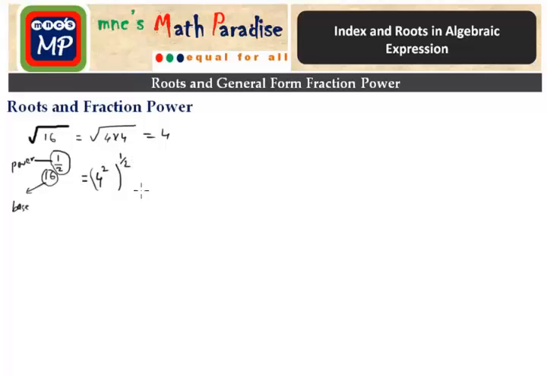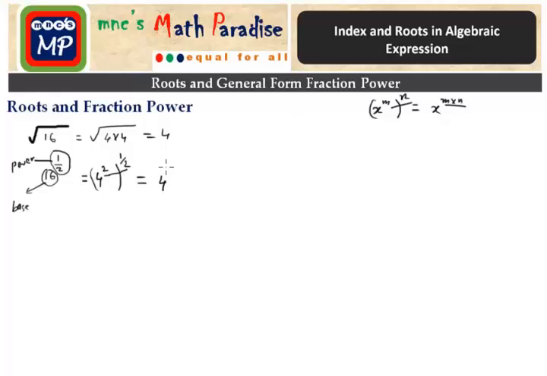as it is. So now from index law 4 we know that if there is an x to the power m and another power on top of it, then these two powers get multiplied. So from here we can say 4 to the power 2 to the power half. These two powers shall multiply.